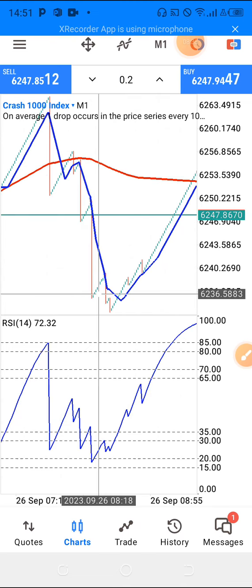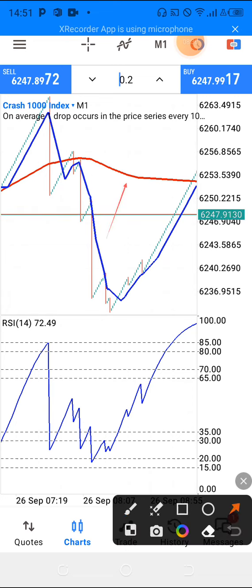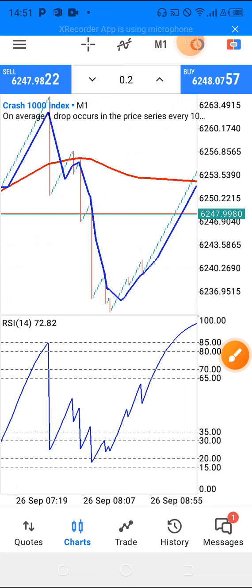Below the simple moving average, this blue line here, the 200 moving average, that's where there will be a lot of spikes in Crash. So you can reduce your lot sizes to try to manage your risk. But this strategy would try by all means to avoid any spikes that can occur.